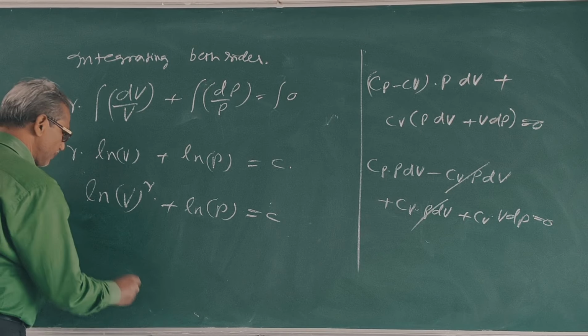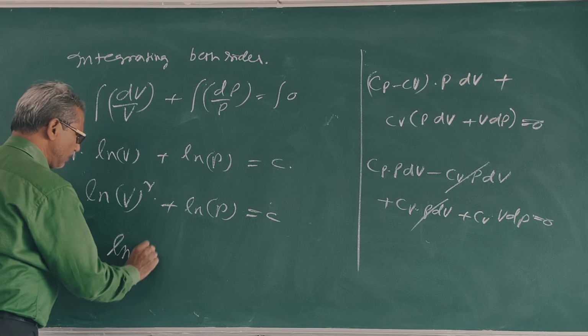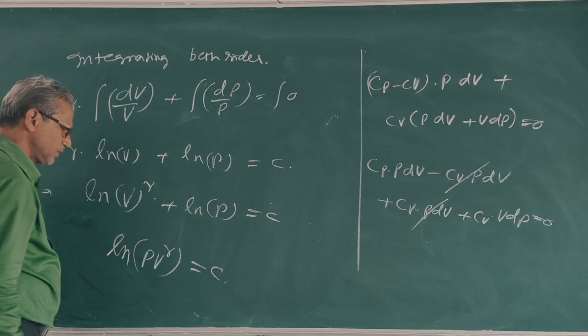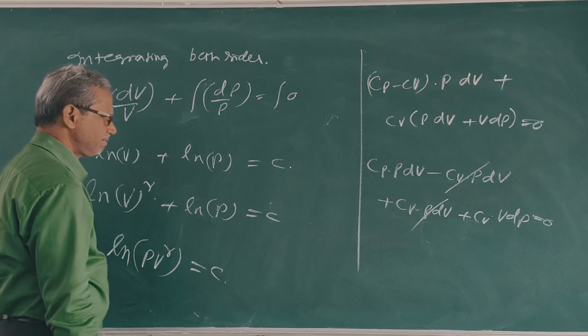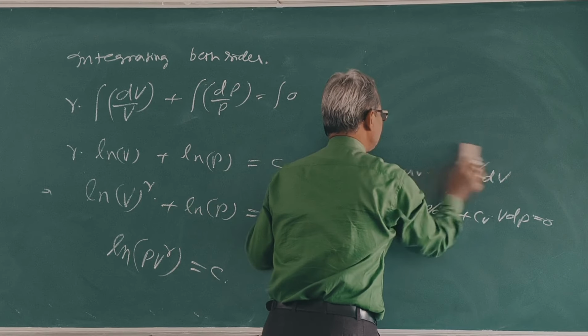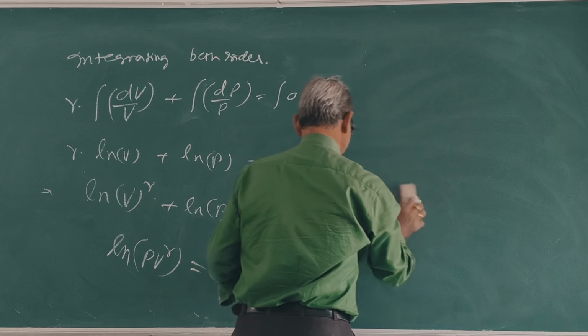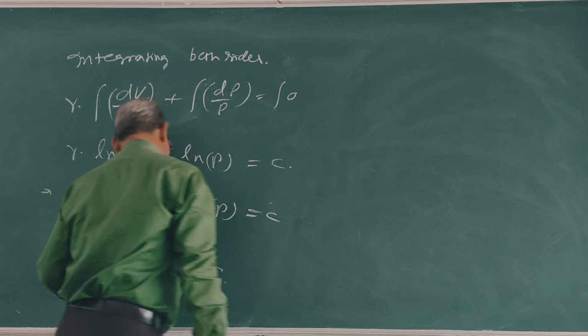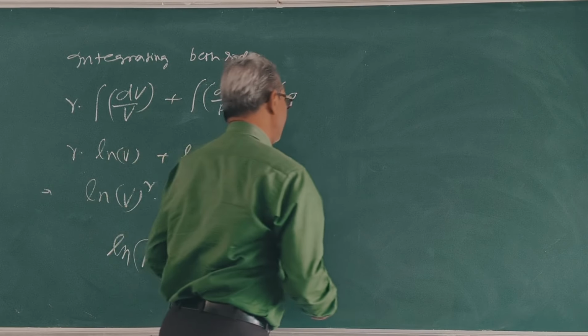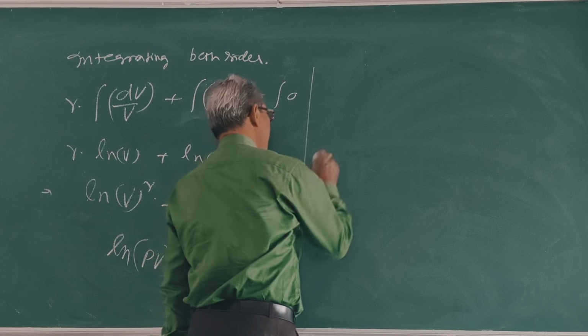So ln of P V to the gamma is equal to constant.